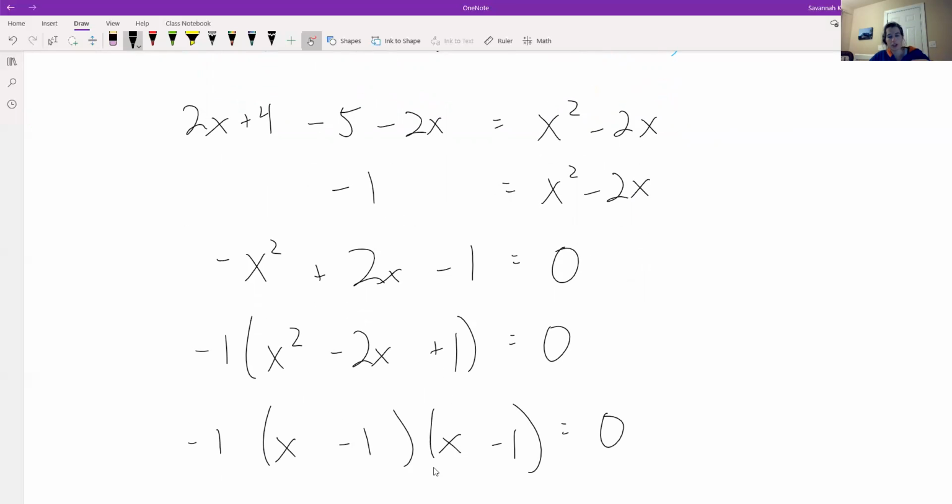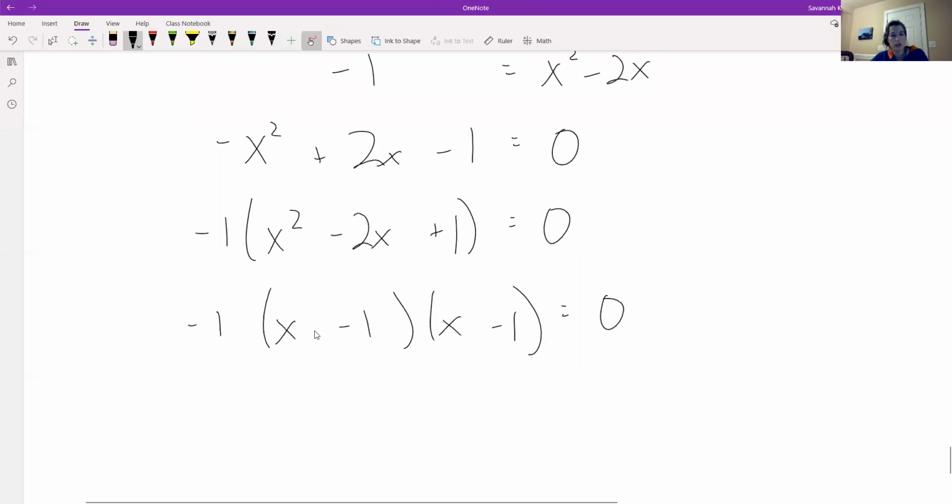And the repetition there, hopefully by this point, you can see I don't need to set them to 0 independently. I can just do it one time. Additionally, I don't need to set negative 1 to 0 because that's meaningless. One number cannot equal another number like that, unless we're talking about reducing fractions or something where 1/2 and 2/4 are the same thing. But 2 integers can't equal each other.